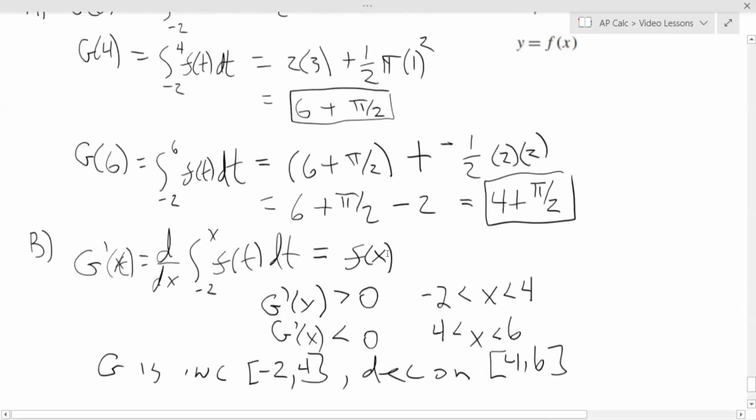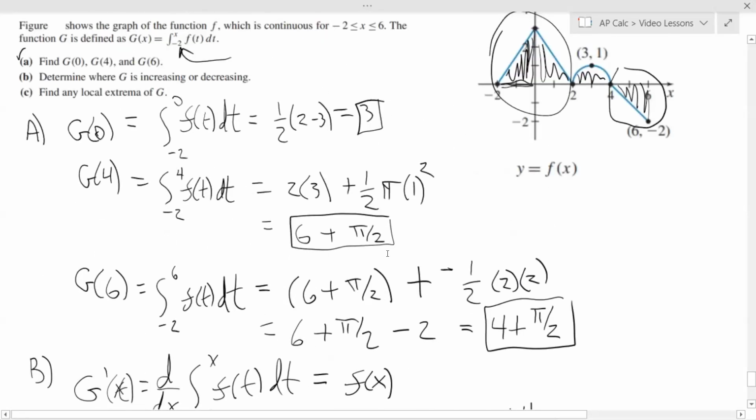Now, the last question kind of follows from that. Any local extrema only occur at critical numbers. Critical numbers are where the derivative is 0 or undefined. For this function, the derivative would be undefined at 0 because there's a corner there. Excuse me. It would be equal to 0 at 2. It's not undefined there. This is the graph of the derivative, and it's continuous.